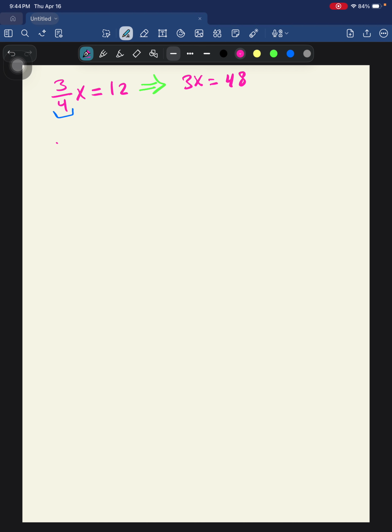In this fraction, we can write the fraction as follows: 3 multiplied by 1 over 4 multiplied by 1. Of course, it is multiplied by x. In math, we know the identity property of multiplication.